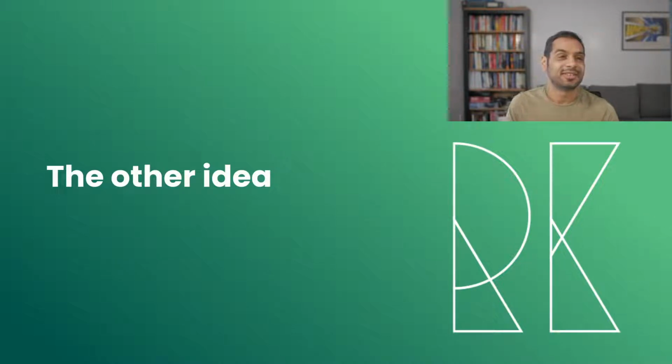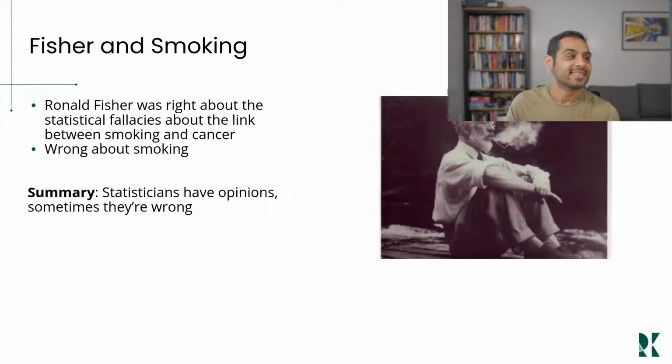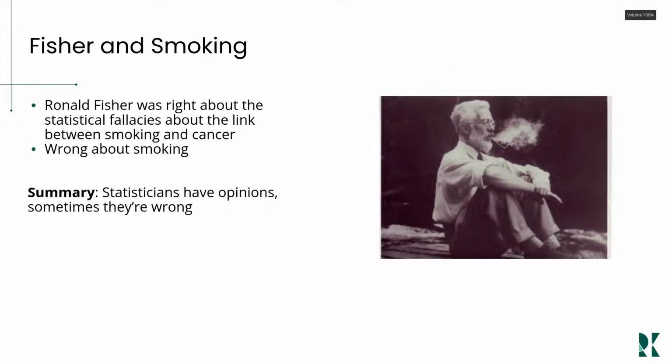I'm curious what you folks think about my take on things. It really had to do with two pieces of the chapter. The first one is a good page that didn't have anything to do with math, but it had to do with Ronald Fisher and these statistics experts and the idea of smoking.